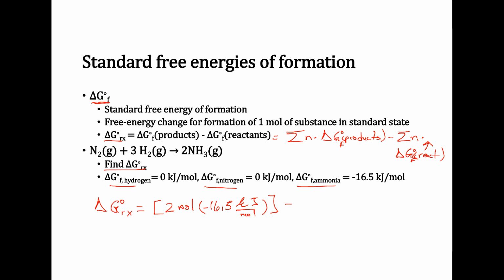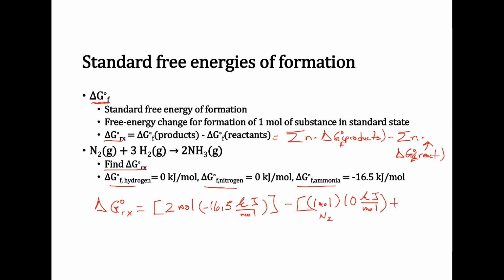minus the reactants' contribution. Normally I wouldn't write this out since they're both 0, but I want to show you how we would do that. So we would have 1 mole, from the N2, times its delta G of formation, which in this case is 0. So we probably don't need a calculator for this part.